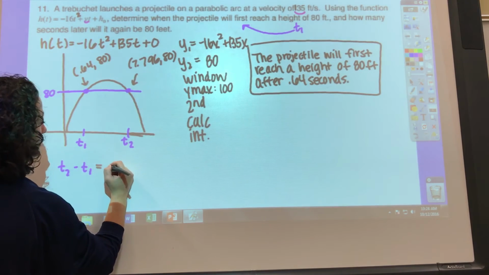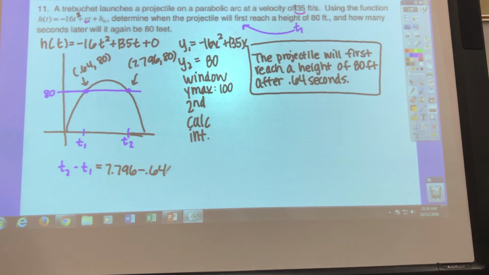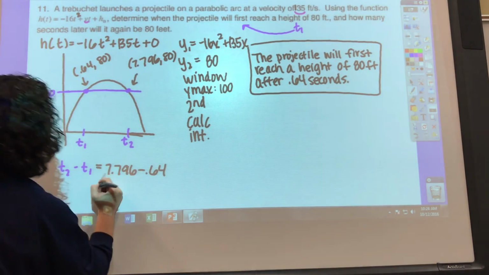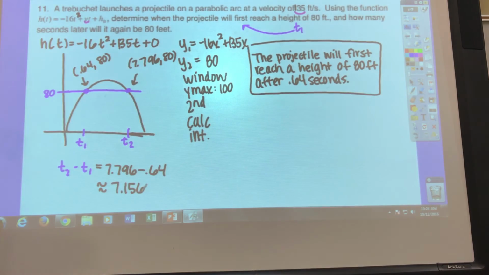So over here, we will do 7.796 minus 0.64. So 7.796 minus 0.64, and we get approximately 7.156 seconds.